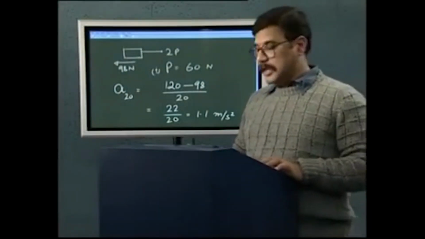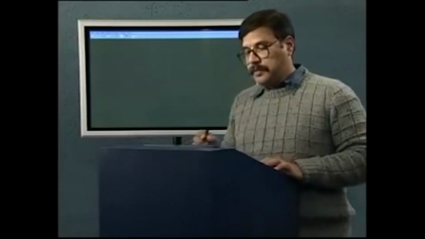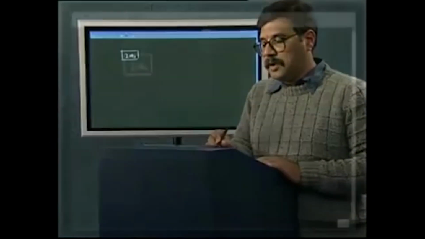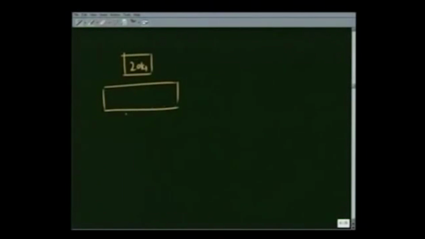And therefore, in this case the two masses, the 20 kg mass and the trolley, are going to have different accelerations. This is going to move with 1.1 meters per second square, and this is going to move with 0.98 meters per second square, and they are going to slip on each other.